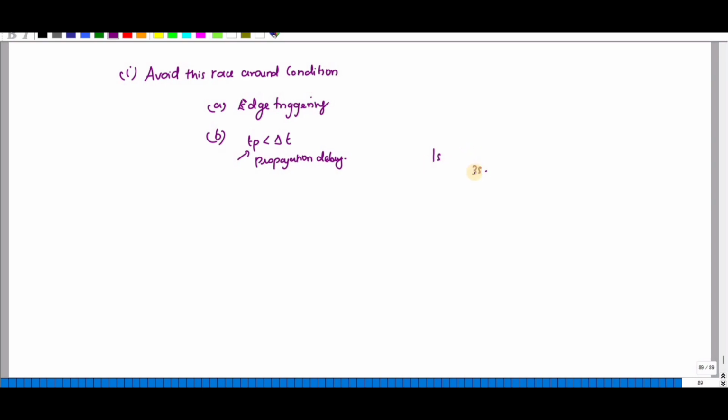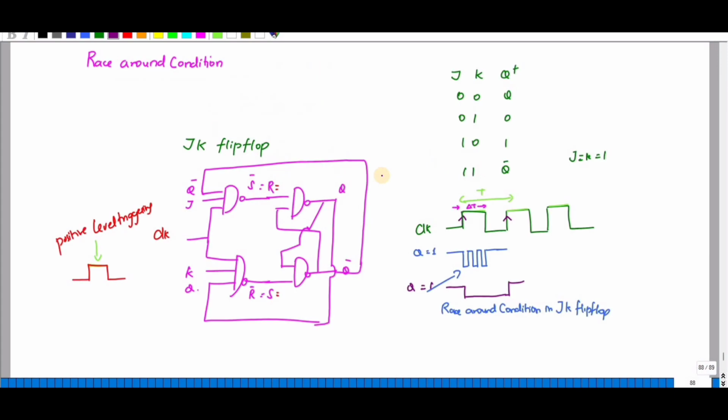So this is your del t and the propagation delay. Suppose the del t value is 0.5 and the propagation delay is 0.3. Initially it is 1, and it does not change to 0 immediately; it will change to 0 only after 0.3 second.